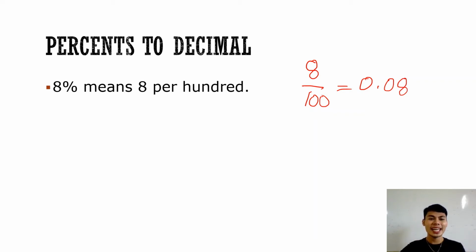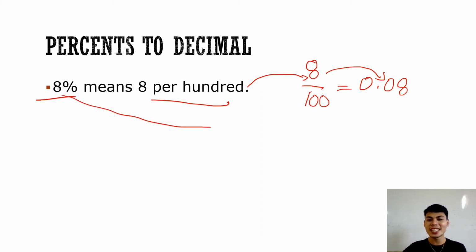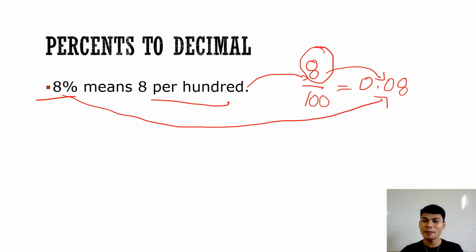That's it. 8% or 8 per 100 written in fraction, when you divide that, gives 0.08. So meaning, 8% is just 0.08. Basic na basic lang. You just divide 8 by 100, and the result is a decimal, 0.08.